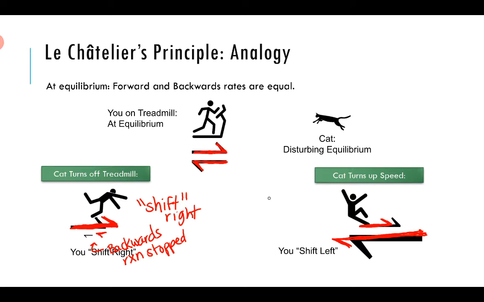We shift left. And so this means that we are going to be reforming more, the backwards reaction's going faster, and so we will be forming more reactants and using up more of the products.